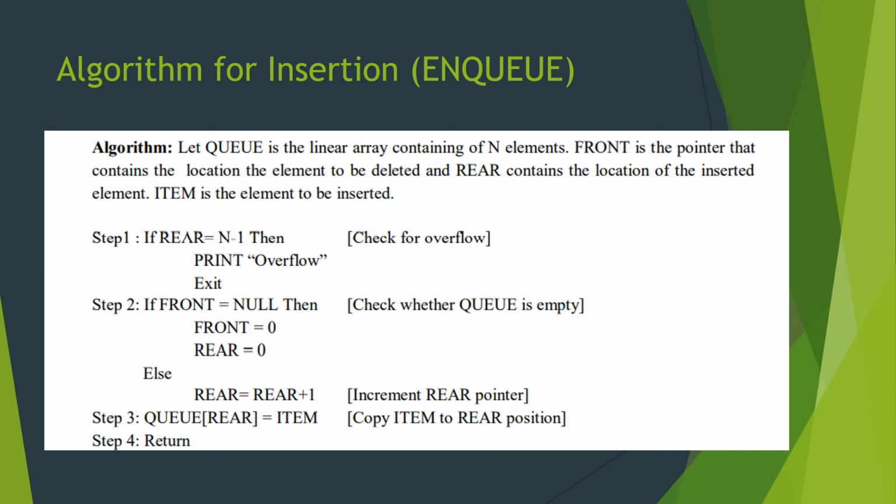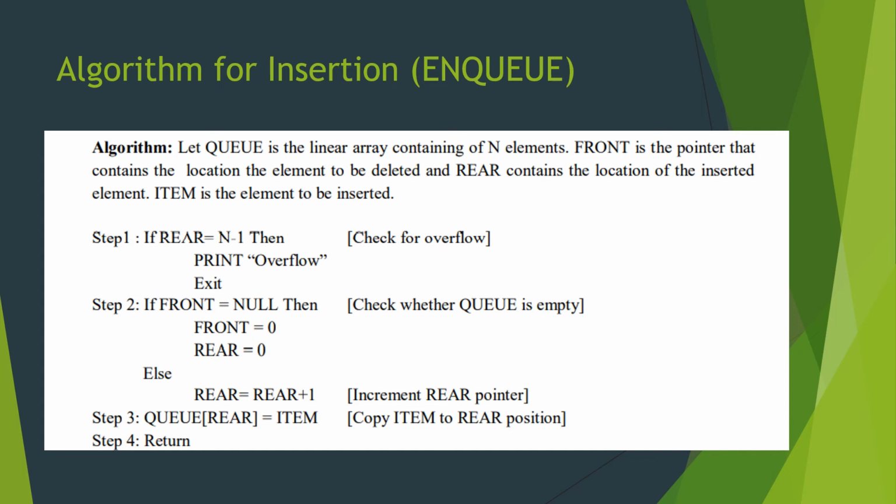Then, after incrementing the rear pointer, go to step 3. The new item is inserted at the rear position of the queue, so that queue of rear is equal to item. Then step 4 returns the algorithm.